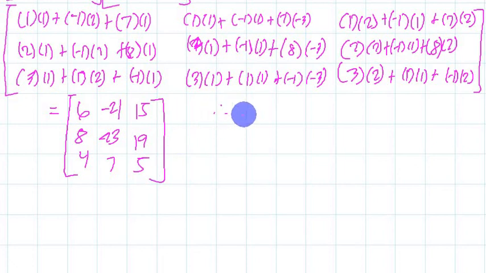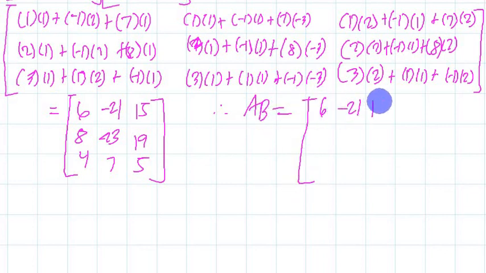So therefore, the product AB is equal to that matrix: 6, negative 21, 15, 8, negative 23, 19, 4, 7, and 5.